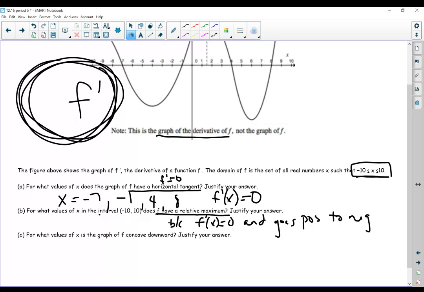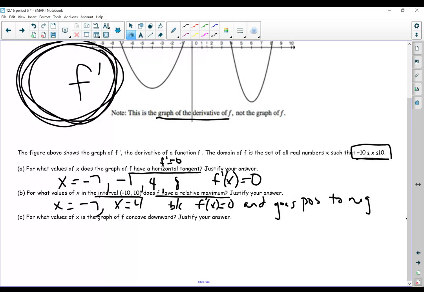Notice here that they do give us a domain that's open, so they do not want you to include the endpoints. Otherwise, we would have to have a conversation. So where does the slope change from the positive side to the negative side? That's going to be -7. And the other time would be x equals 4. And again, that's because the derivative is 0 and goes from the positive side to the negative side.